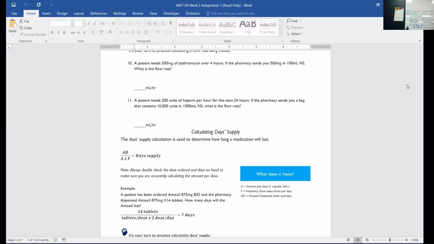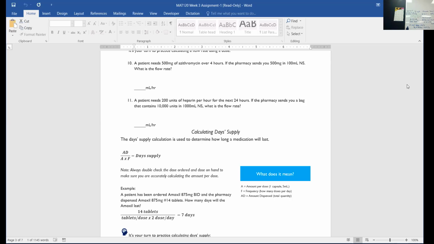That's 22.5 milliliters per hour. Obviously, we round that off to 23. So all those great big numbers became a little number, right?